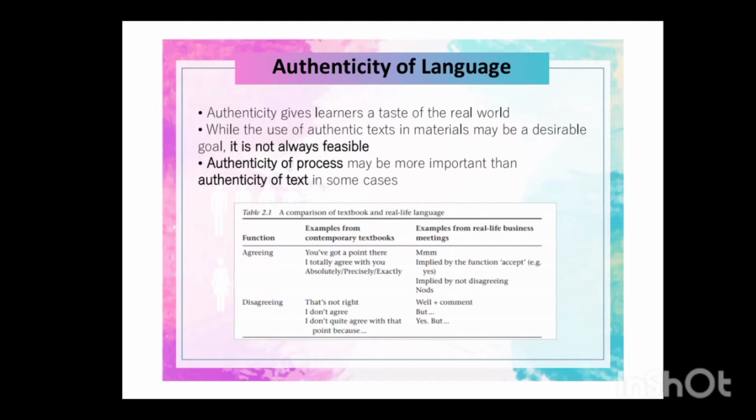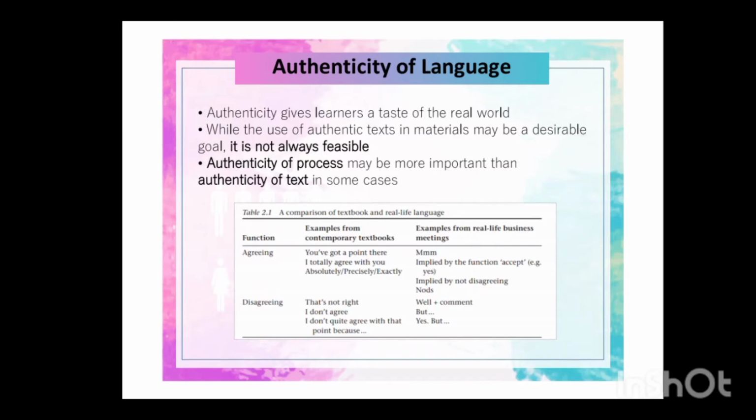As an example, if I cannot find authentic materials for my students, in this case listening exercises, so I cannot find suitable authentic audio or video for my students, then I can focus on authenticity of process. For example, if I want my students to listen to find information, then I have to find the audio that provides them with such a process.